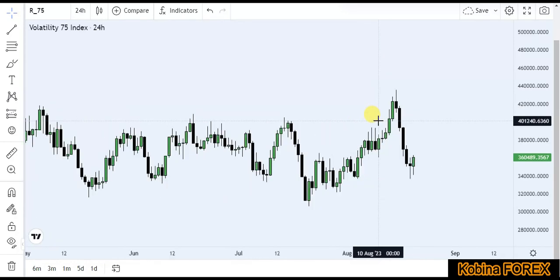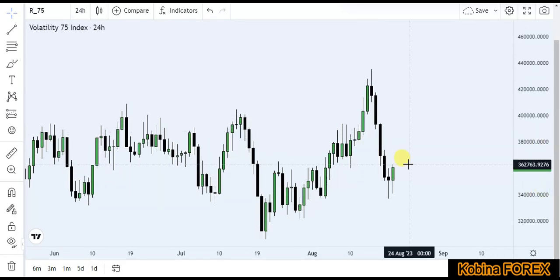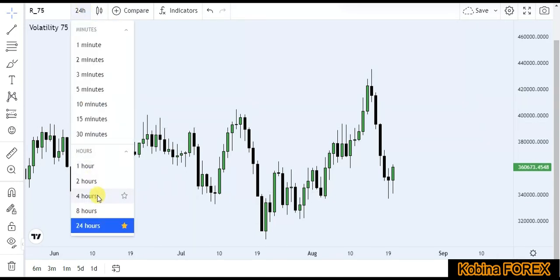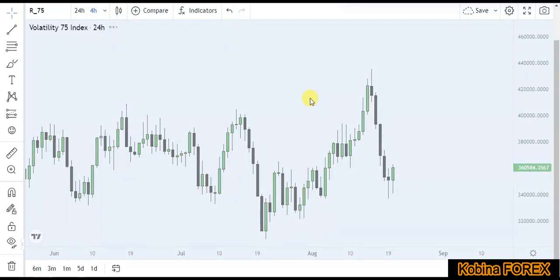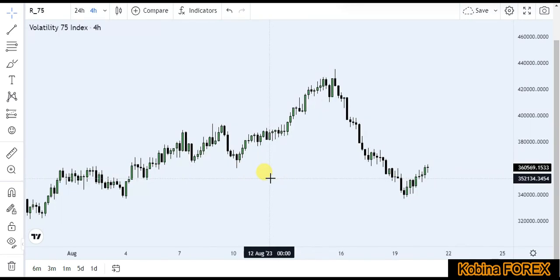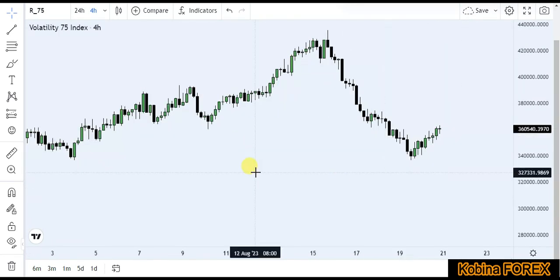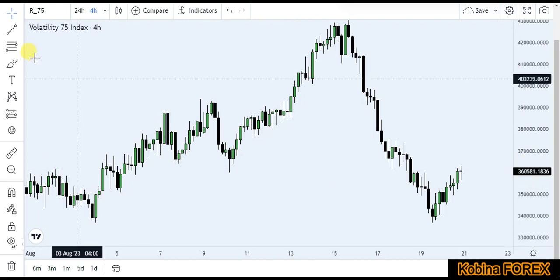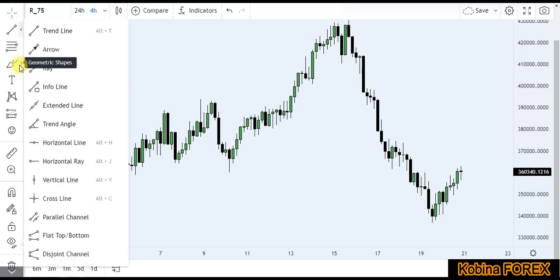Last time, in the previous video, if you have not watched it, you can go back and watch it to keep abreast with this video. I showed you an entry point where you can execute trades on this asset pair, volatility 75. We saw a fair value gap resting somewhere, and my normal expectation was that we're going to delve deeper into that fair value gap, and then we take that trade.